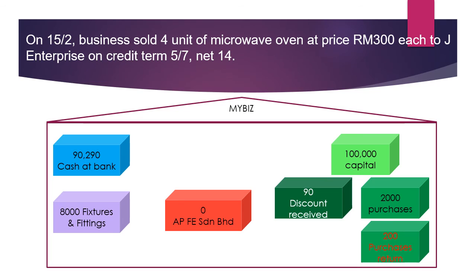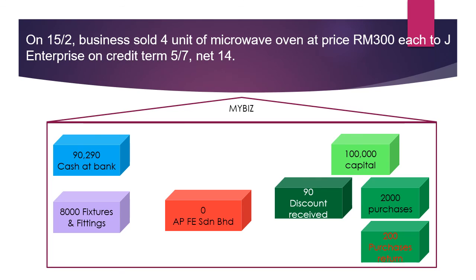Okay, now let's move on to another example. Let's say on the 15th of February, the business sold four microwave ovens with the price of 300 ringgit each to J Enterprise on the credit term of 5%, if J Enterprise pays within 7 days, and the maximum number of days of delay is 14.